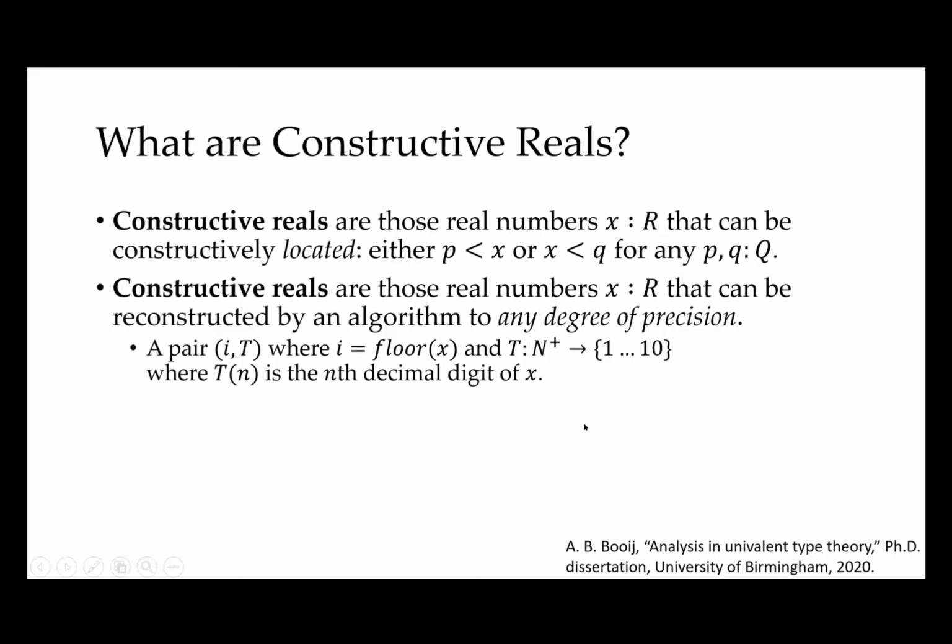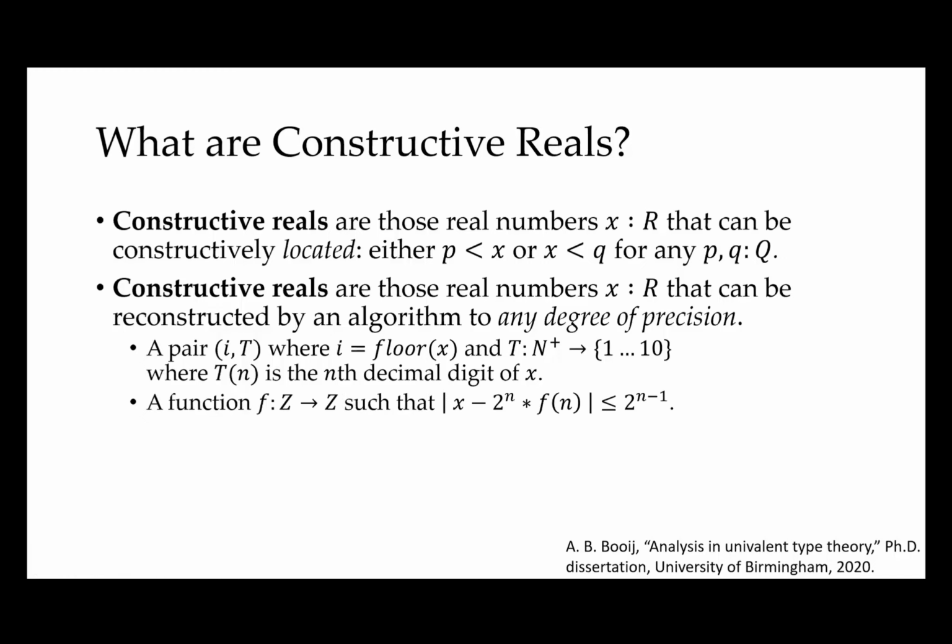So we could, for example, represent all real numbers as an integer with no decimal part, and then some sort of Turing machine with an infinite tape where at every point we can see the decimal digit. So at any point n, that's the nth decimal digit of x. This is one example way that you could have constructive reals defined as a data type.